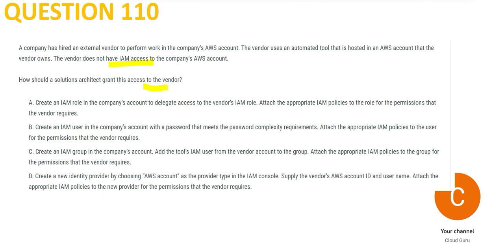The first option is saying that you will create an IAM role in the company's account to delegate access to the vendor's IAM role, and then you will attach policies. So the first thing is you have to create a role. Then you assign the users to that role. And then there should be a policy.